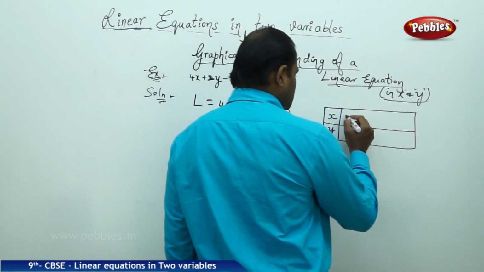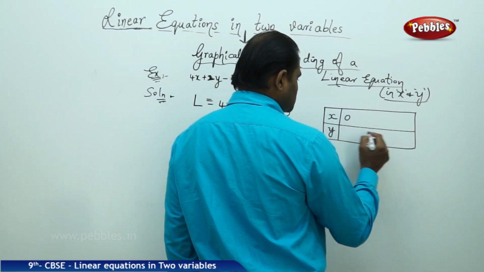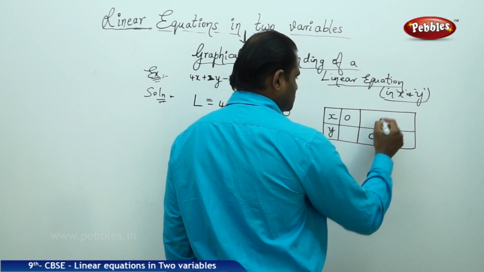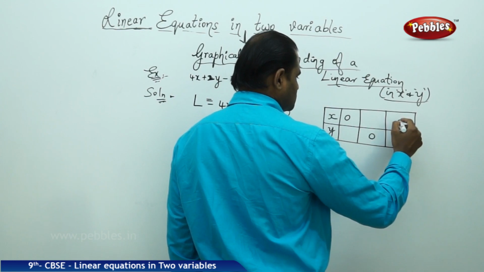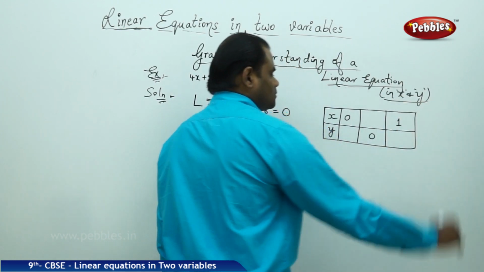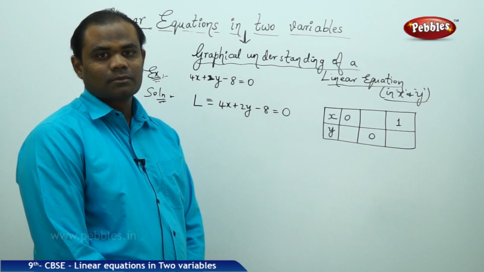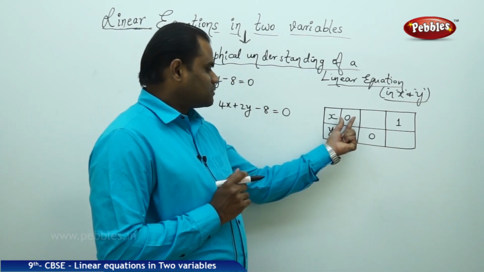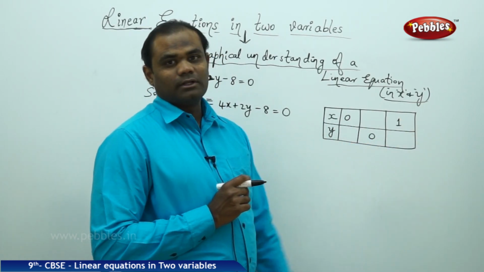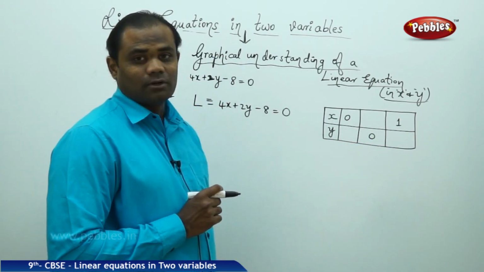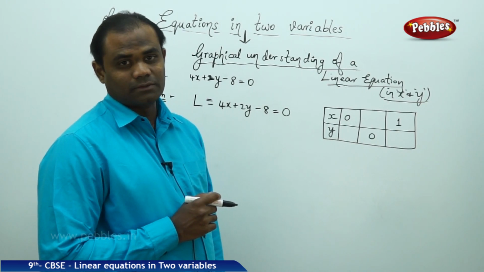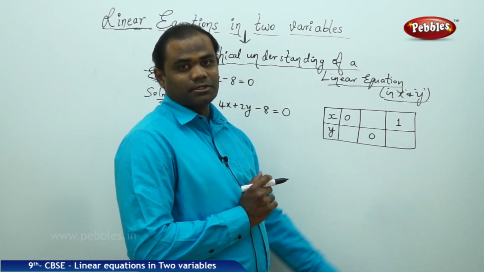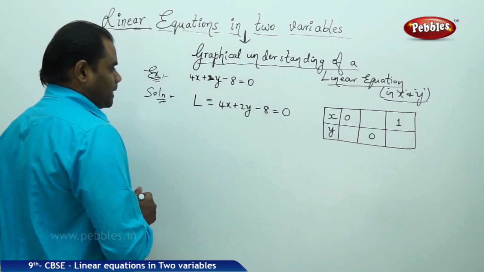Now in this case, I take some fixed values. So here we understand that when I take the fixed values of 0, 0 and 1, let's see how we can draw the line using these values. So let's see how the remaining values can be filled in the table using this equation.